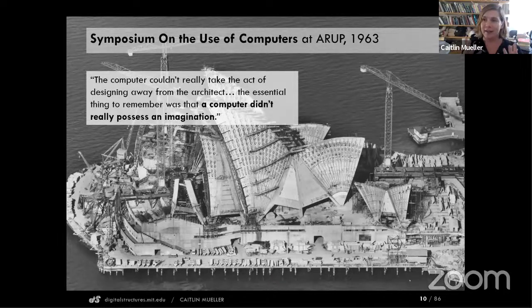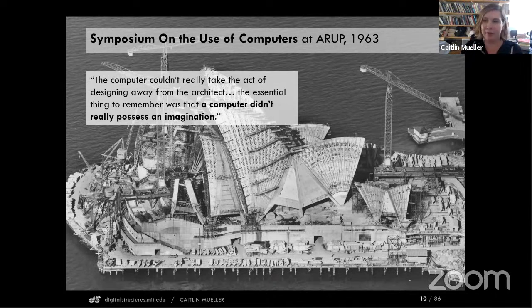And they comforted themselves by saying that the computer can't take the act of designing away from an architect. It doesn't possess an imagination. This worry remains very present in today's discourse within architecture and within engineering. We're really concerned about autonomy and authorship, and yet we know that the computer can do more than what we ask it to do today.